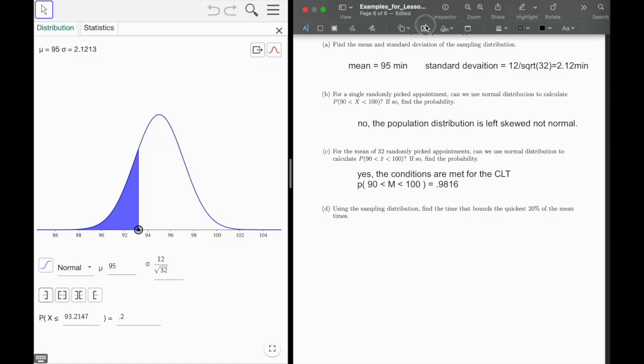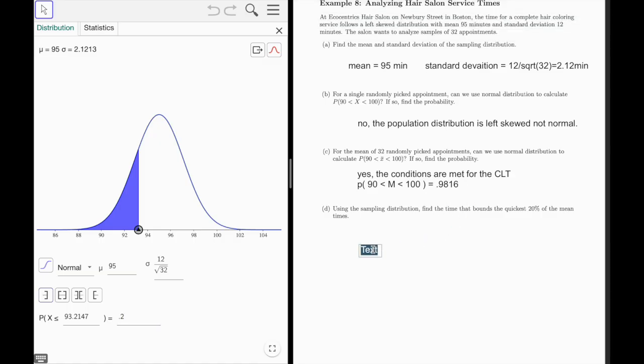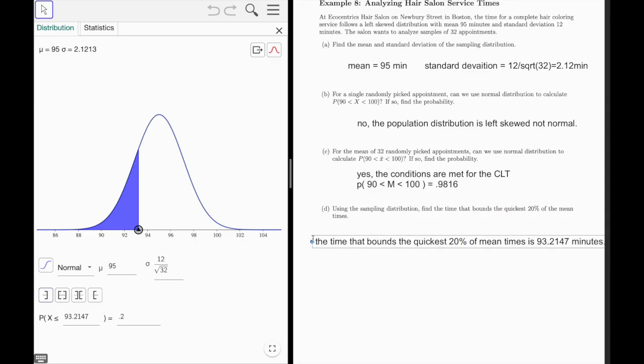So I'm going to put here, the time that bounds the quickest 20% of mean times is 93.2147 minutes. There we go.